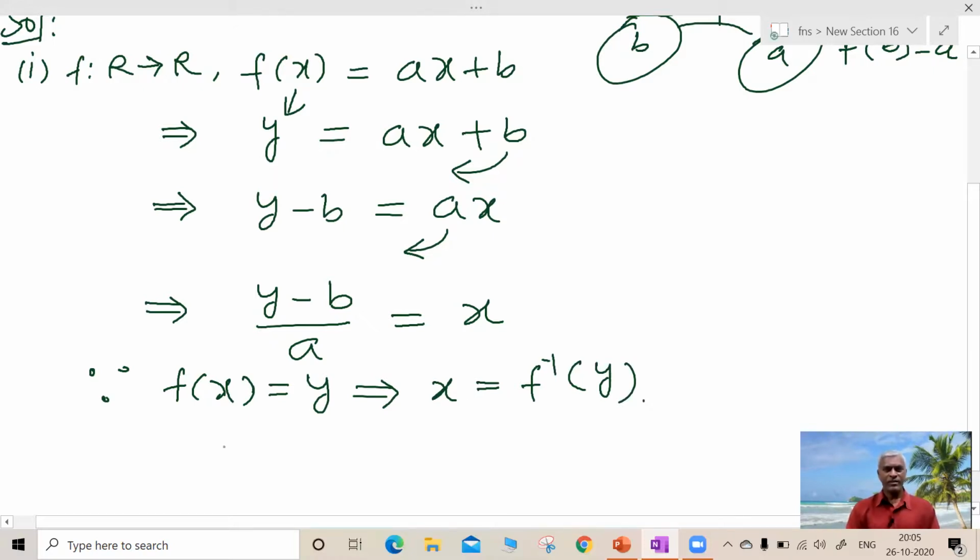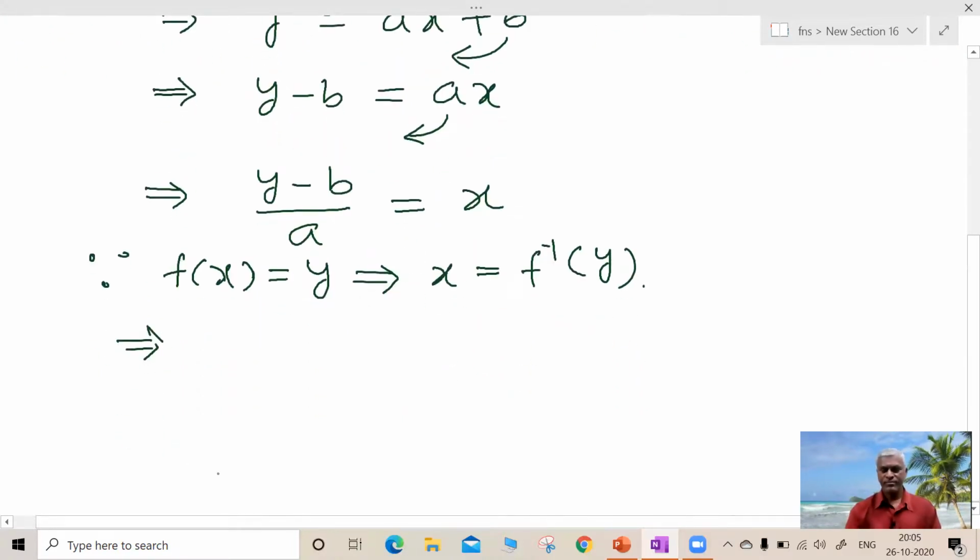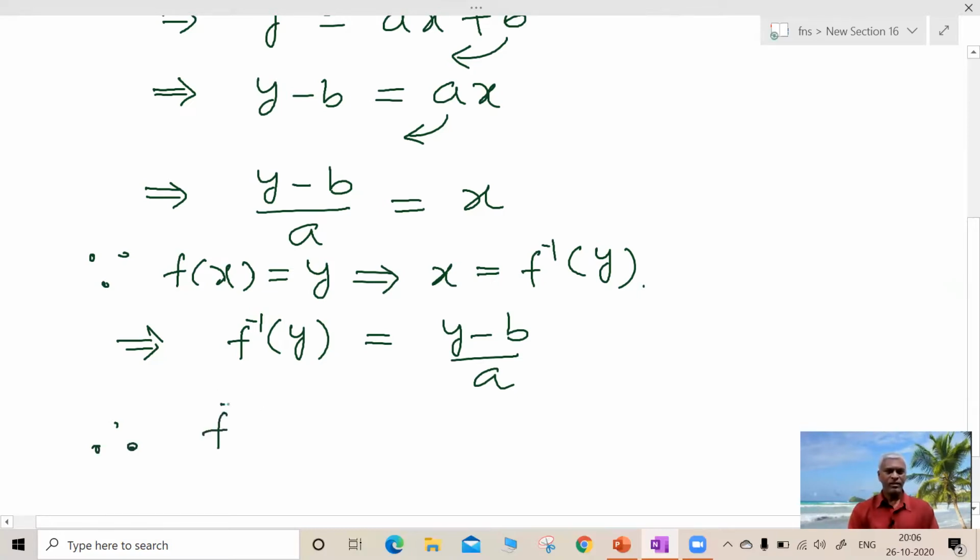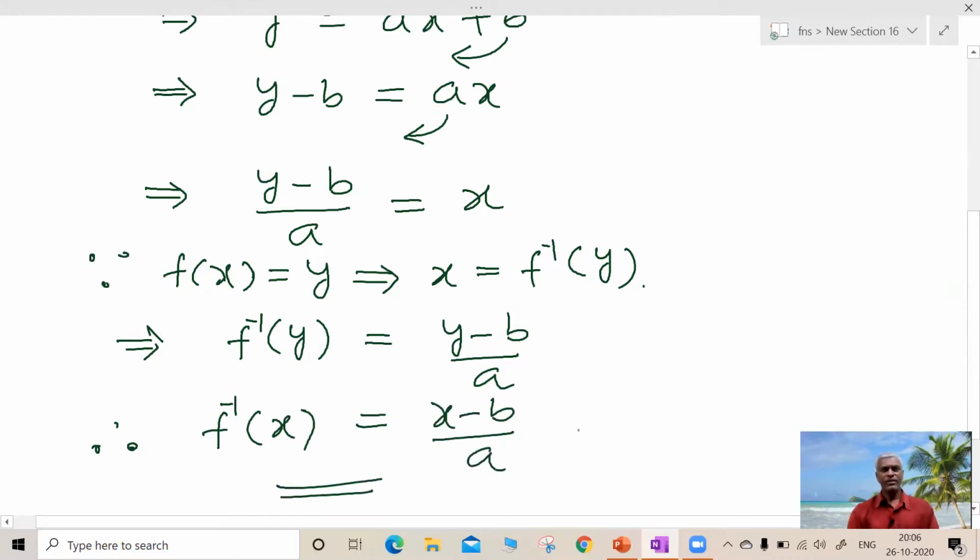So in place of x, if you write f inverse y, so here f inverse y is equal to (y minus b) by a. Generalizing, finding the x value is itself the inverse function. So by generalizing this, we replace y with x, (x minus b) by a is the inverse function.